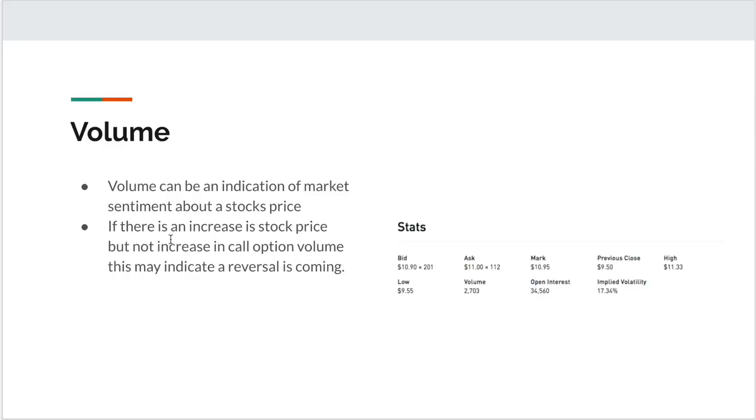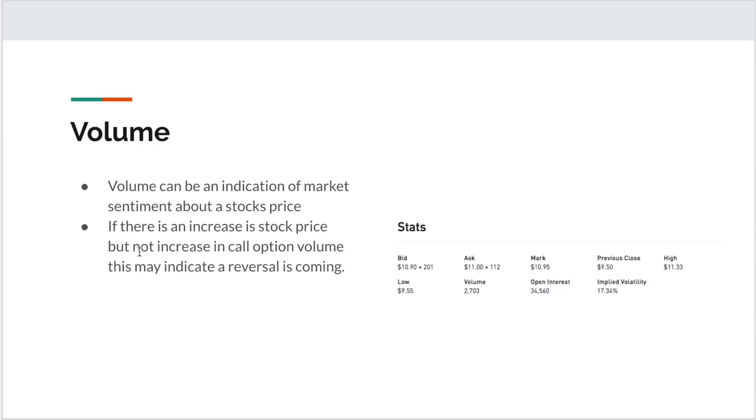So to piggyback off what we said earlier, volume can indicate market sentiment about the price of a stock. If Apple stock jumps from 184 to 195, however, call option volume is not moving, it's still relatively low compared to what it usually is, then you know that there may be a reversal coming. It's usually very helpful to look at the overall market call and put options.